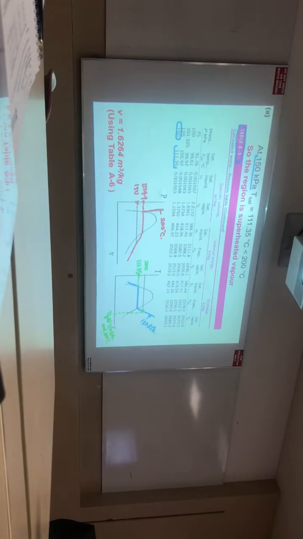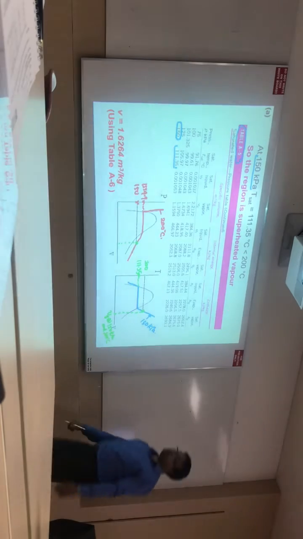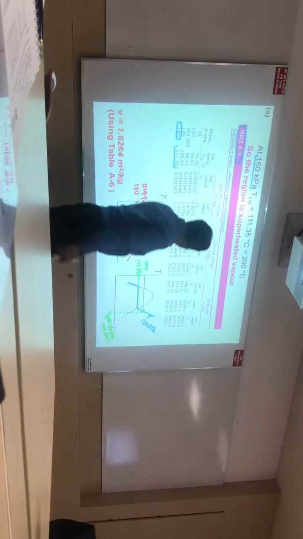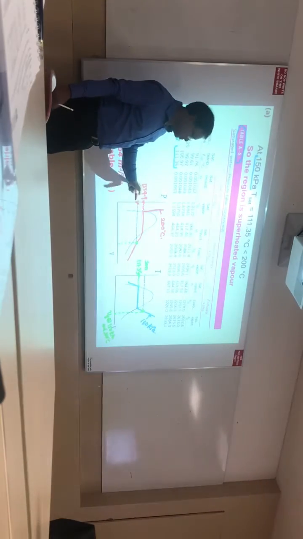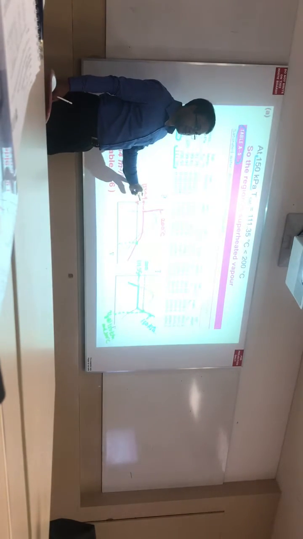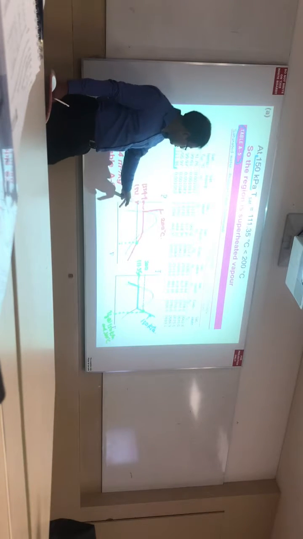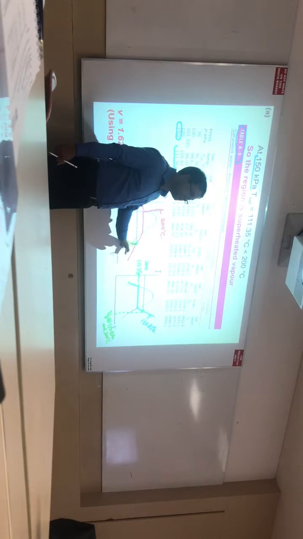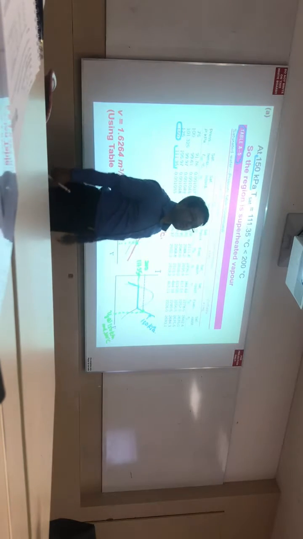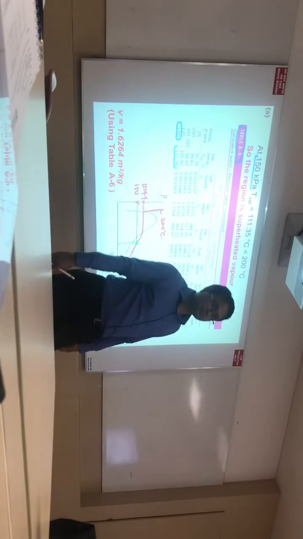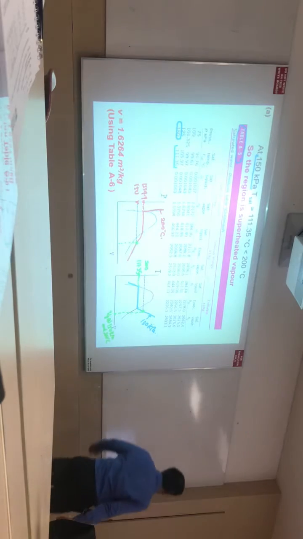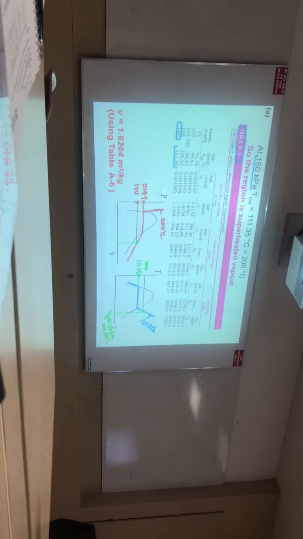So the state point is definitely... You see how I can show you? At 200 degrees Celsius, the saturation pressure is 1500 something, right? And the given one is 150. So this one is definitely superheated vapor. So I am going to find this number, this vg.